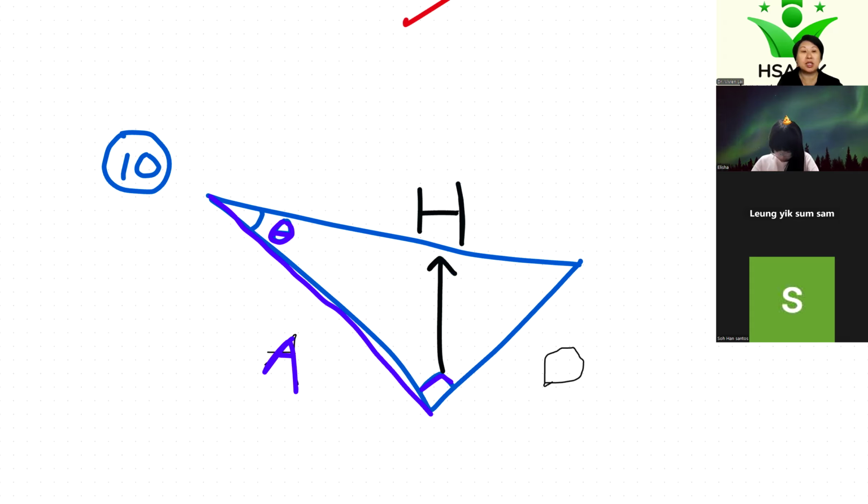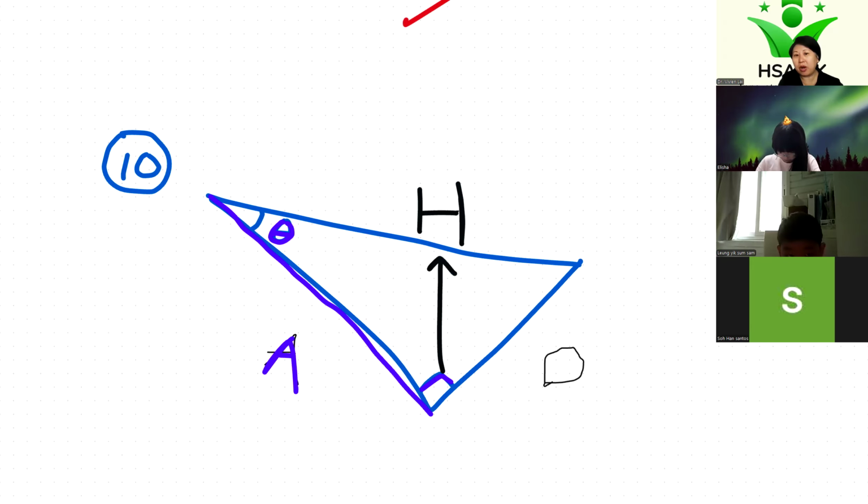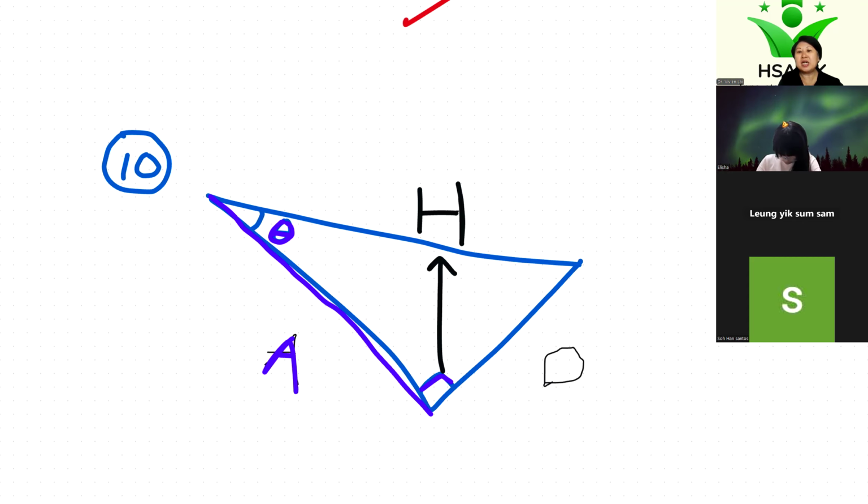That is called hypotenuse. Okay, when you see opposite your theta, theta is angle, identify angle. That is your O. Good job, good job, good job.